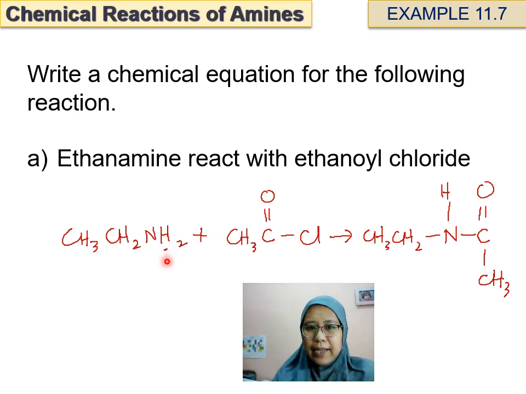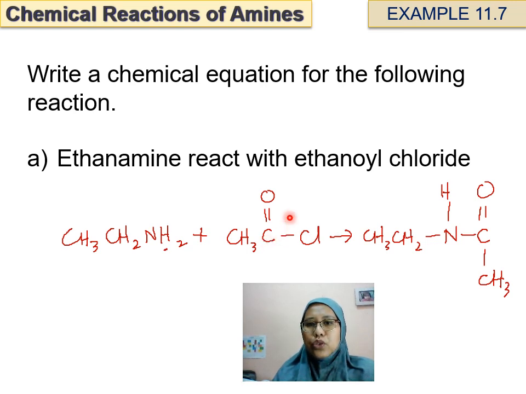Yes, because it has two hydrogens attached to the nitrogen over here. So next, you have to draw ethanoyl chloride. Ethanoyl means it has two carbons. So draw two carbons where one is an R and another one is the carbonyl carbon. So you're going to attach the chloride directly to the carbonyl carbon.